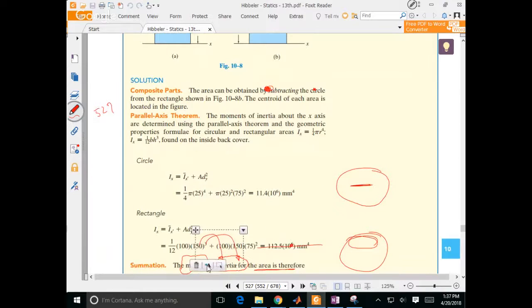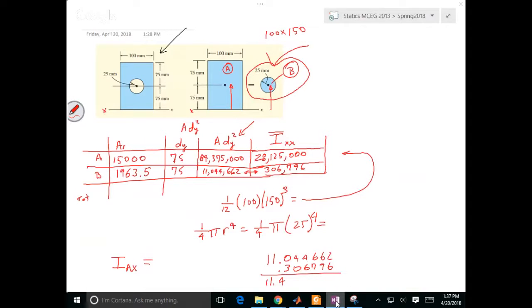Then he does the rectangle, and he does exactly the same thing. He finds the I about the centroid and then does the parallel axis theorem. And he gets a fairly large number there. So if we did that on ours, do we get that?